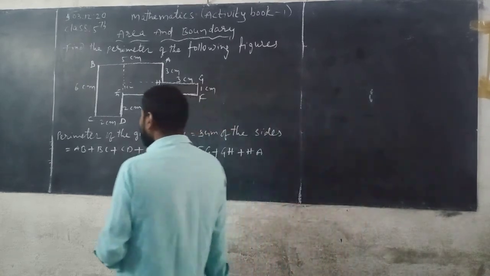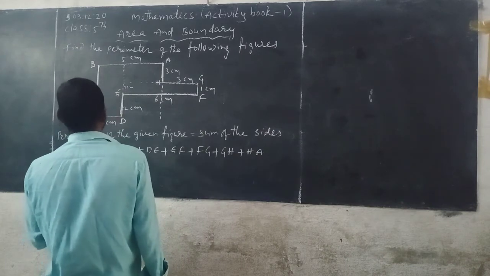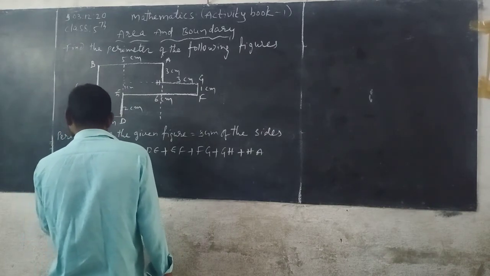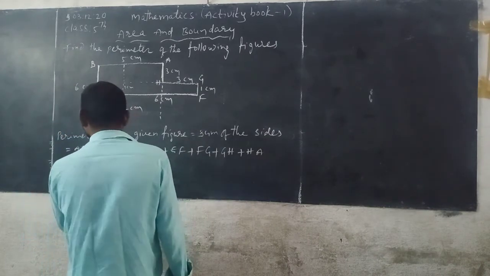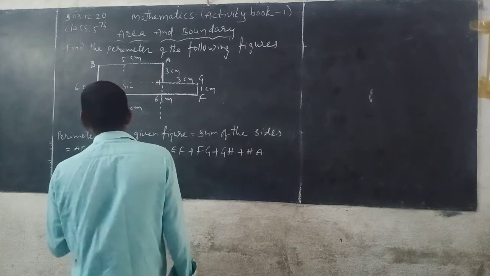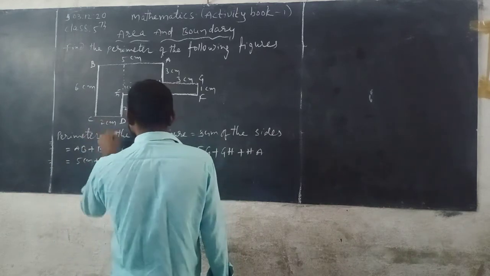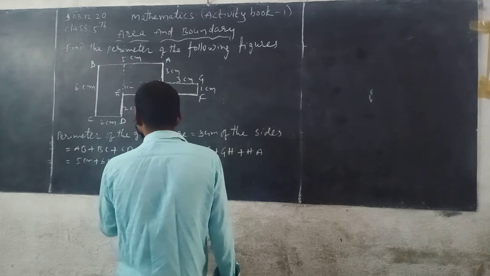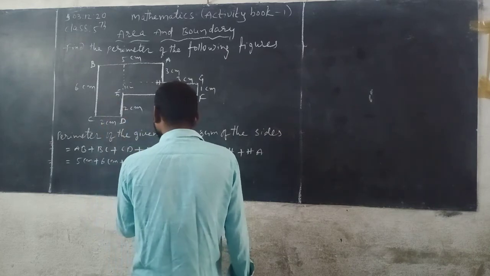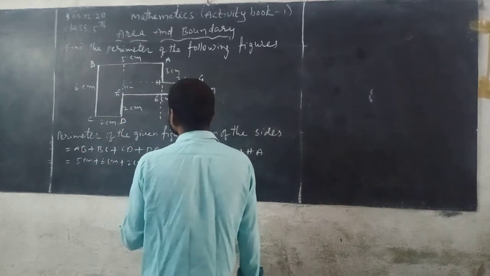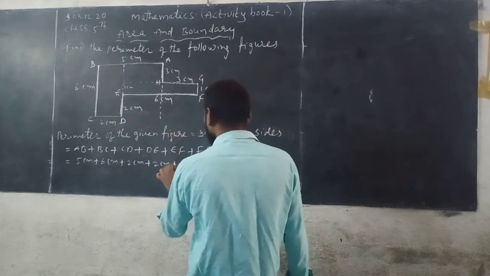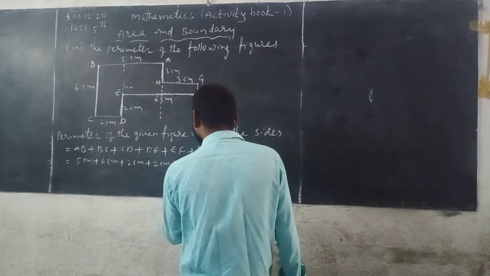Substitute the values. AB is equal to 5 centimeter. BC is equal to 6 centimeter. CD is equal to 2 centimeter. DE is equal to 2 centimeter. EF is equal to 6 centimeter.